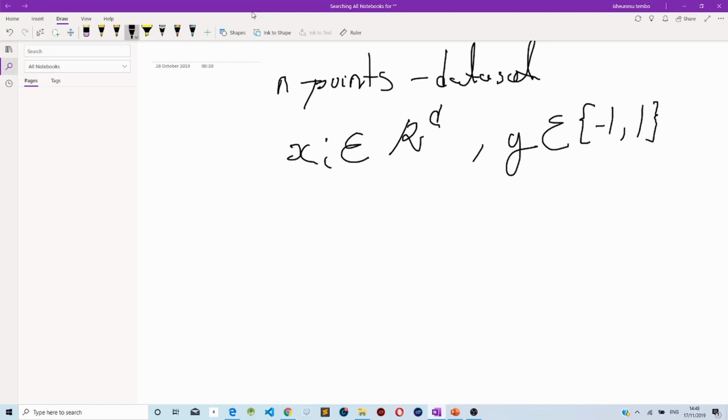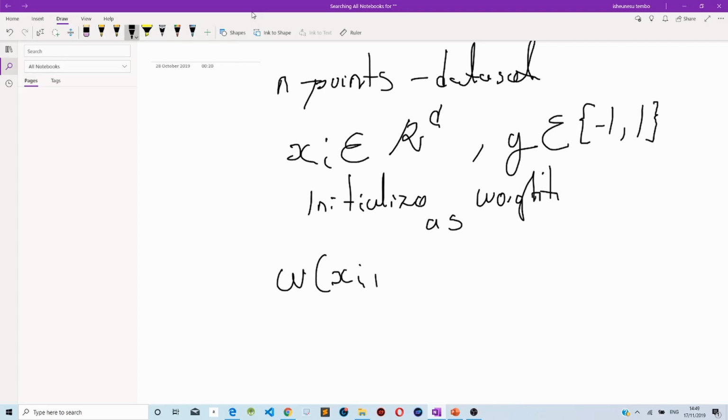So the first step is we initialize the weights. We initialize the weight for each data point as w i equals 1 over n, where i ranges from 1 up to n.